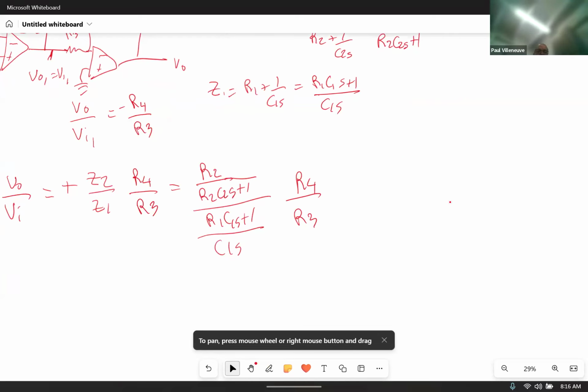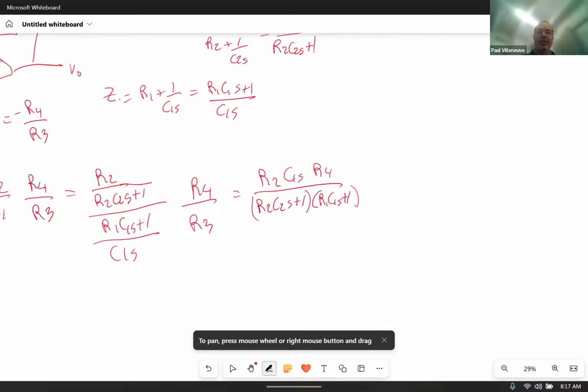We have fractions and fractions, so we invert and multiply. We have R2 times C1S times R4 all over R2 C2S plus 1 multiply by R1 C1S plus 1. Multiply that by R3.